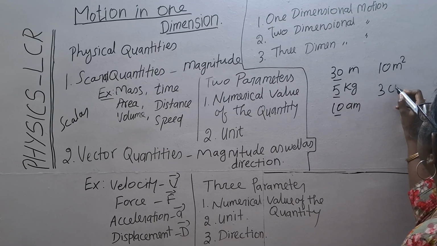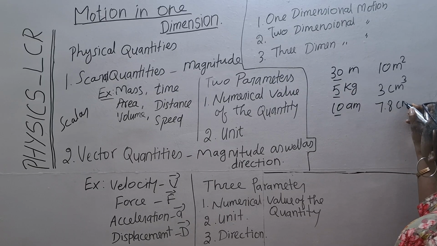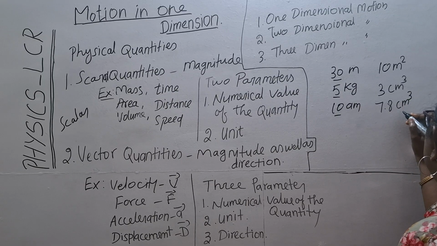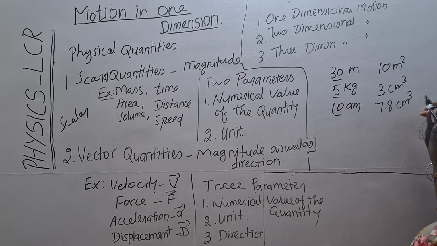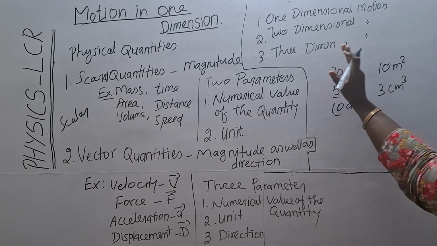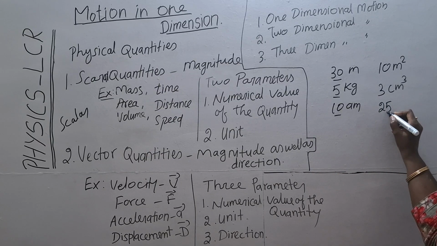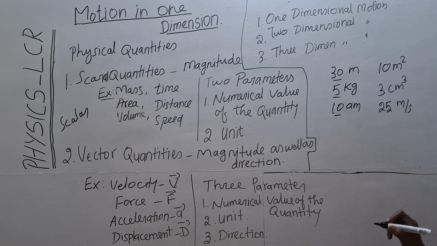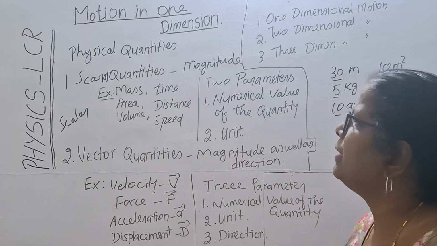Volume 3 centimeter cube, 7.8 centimeter cube. Speed we can say 25 meter per second. So these are the examples for scalar quantity.